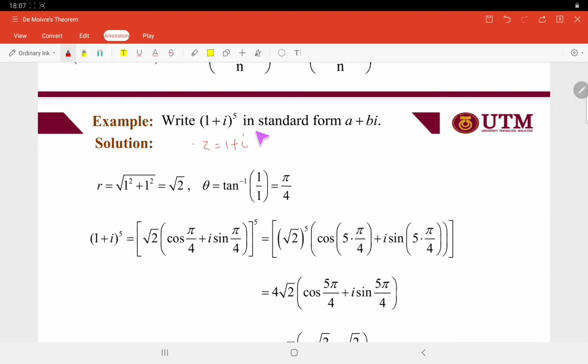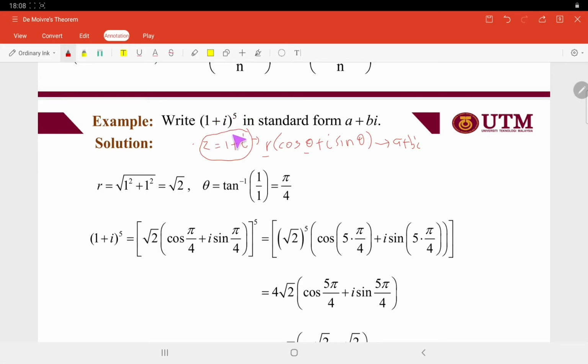But what we learned in the previous slide is that we can change it using r times cos theta plus i sin theta. So what we need to do is change this complex number into the polar form first by finding the value of r and theta, and then we apply De Moivre's theorem in order to get the standard form, which is a plus bi.